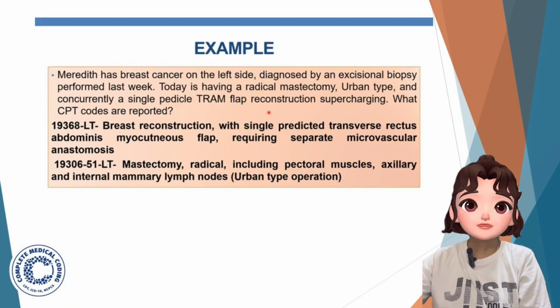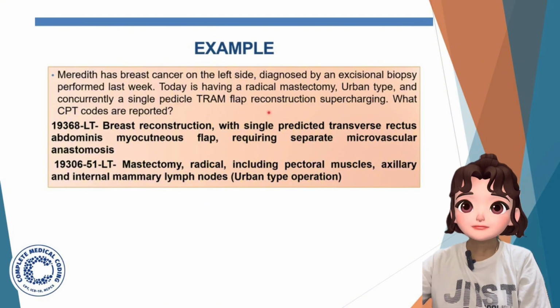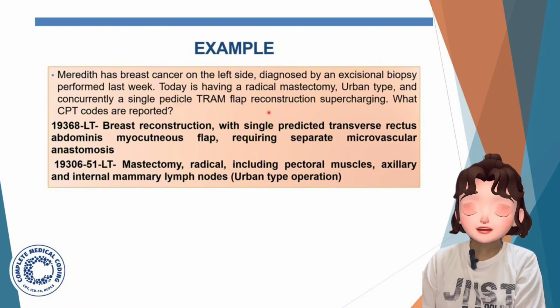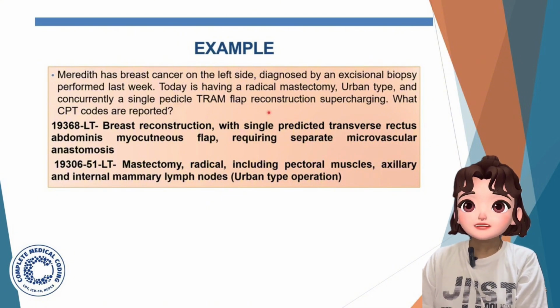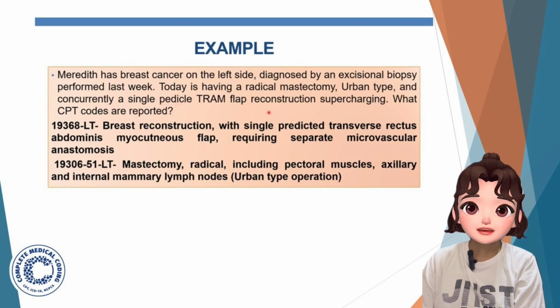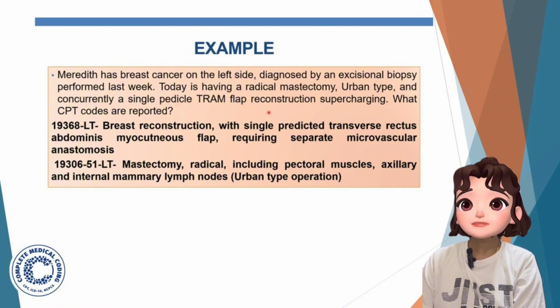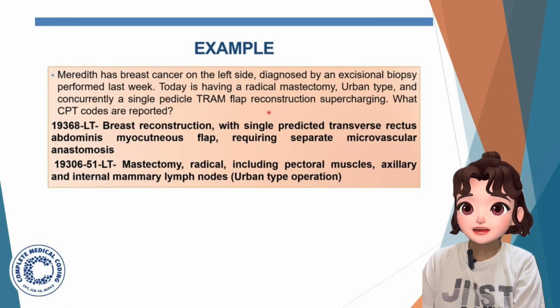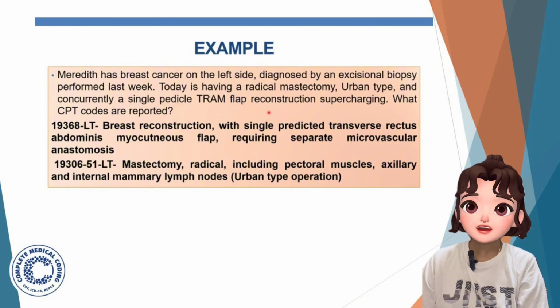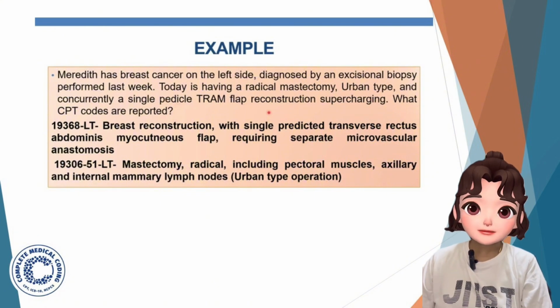Now let's look into one or two examples in order to make you understand better. The first example: Meredith has breast cancer on the left side, diagnosed by an excisional biopsy performed last week. Today, she is having a radical mastectomy, Urban type, and concurrently a single pedicle TRAM flap reconstruction, supercharging. What CPT codes are reported?